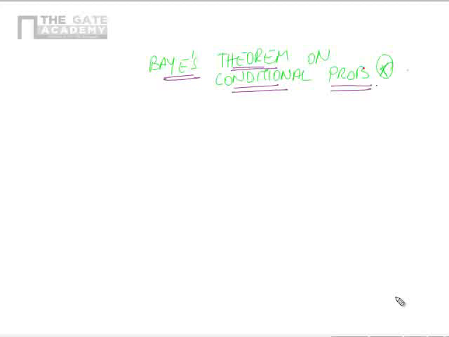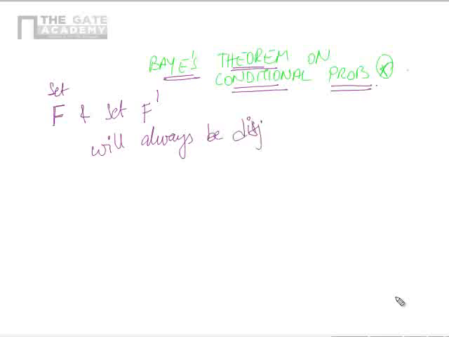For example, I have a set called F. Set F and set F complement will always be disjoint sets. Correct? This might be a very trivial statement, but it's a very powerful statement.